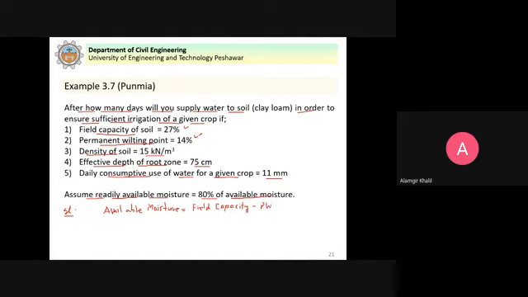The field capacity is how much? 27%, minus the permanent wilting point, which is given as 14%.